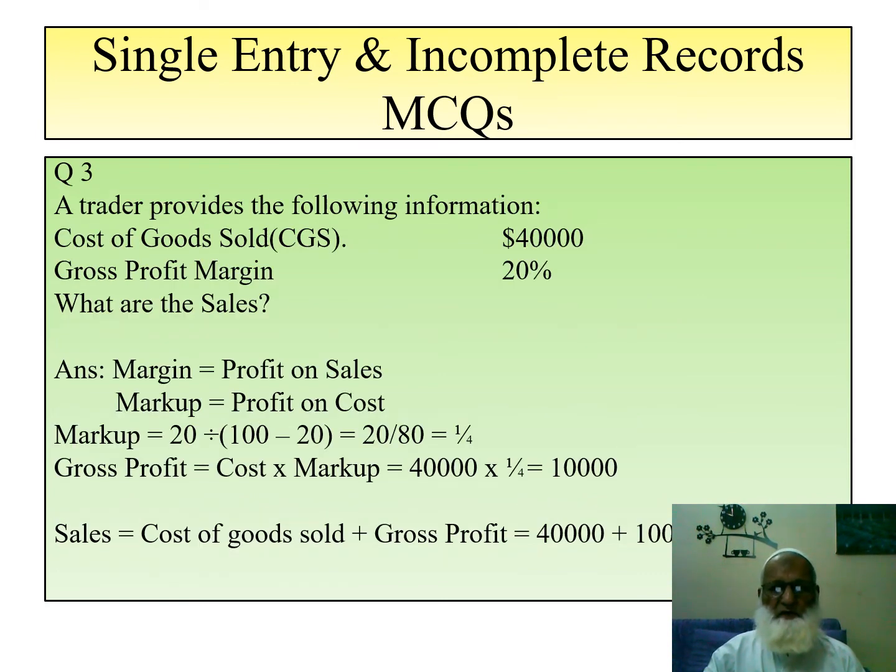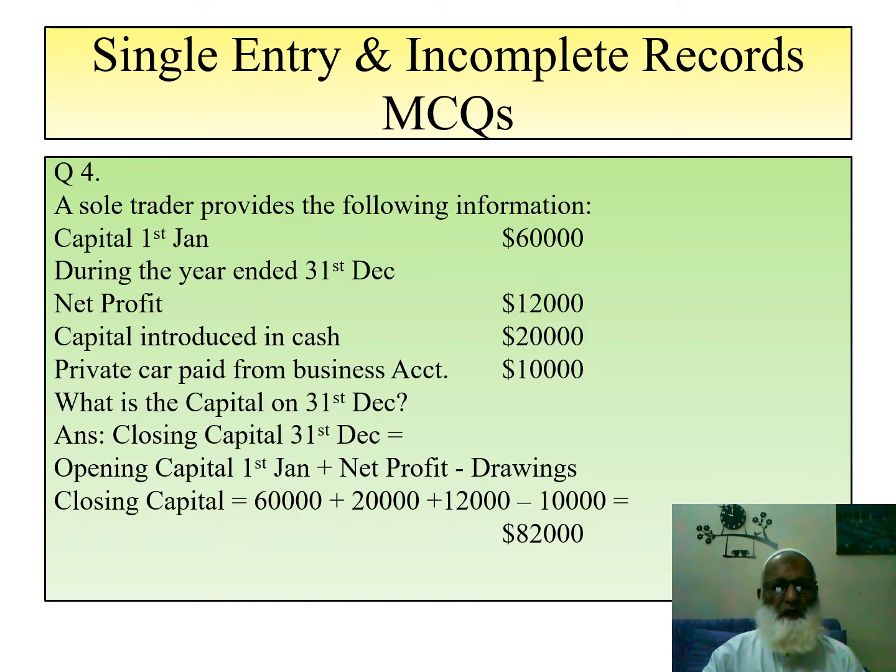It's very easy over here to locate. A sole trader provides the following information. Capital on 1st January $60,000. During the year ended 31st December, means for the whole year, net profit was $12,000.